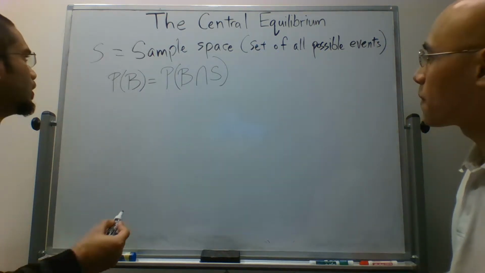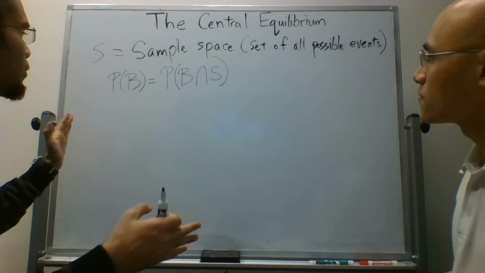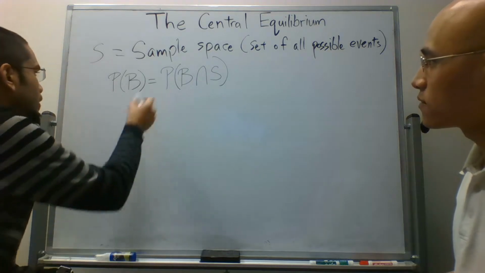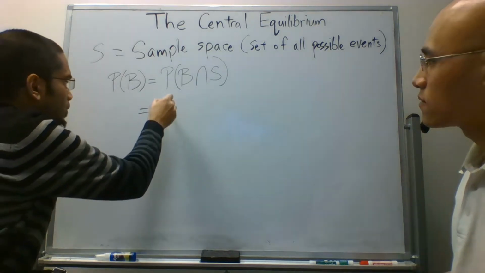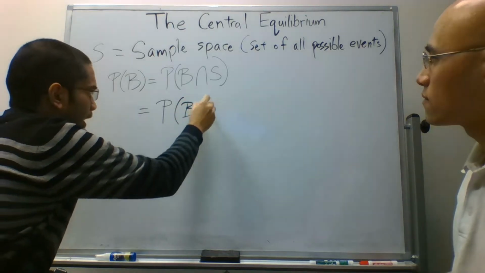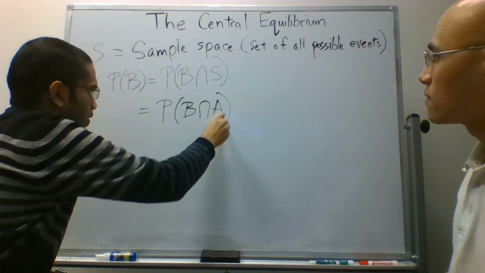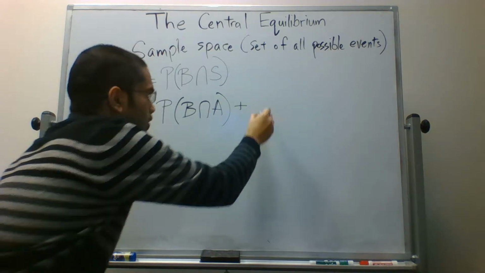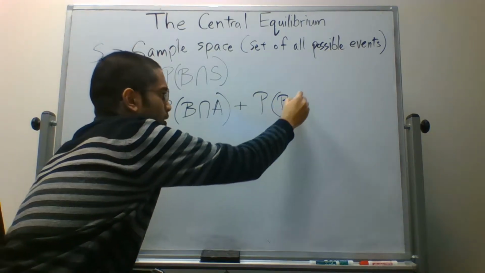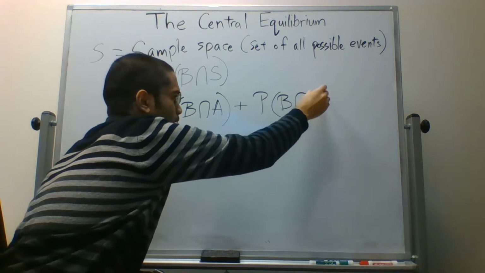And let's just say, well, within the sample space, all we have are just B and A. So I could rewrite this as probability of B and A plus the probability of B and A complement.